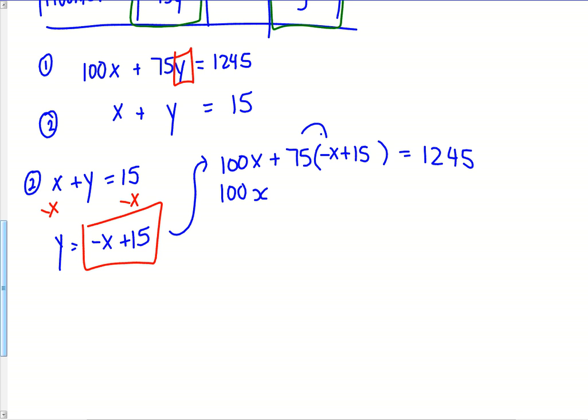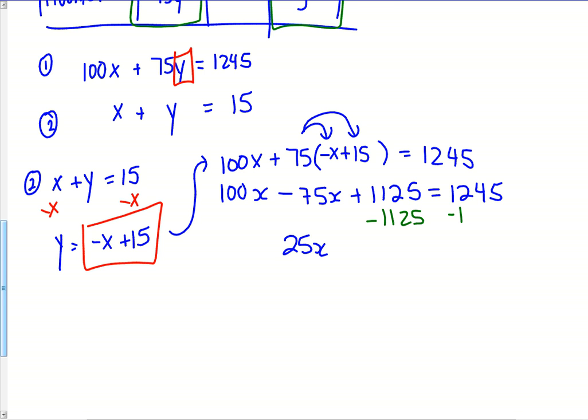Now, distributive law, what's 75 times negative x? Oh, you're already at this. 1,125 is 75 times 15. 100 minus 75 is 25x, and subtracting 1,125 to the other side, we get 125.